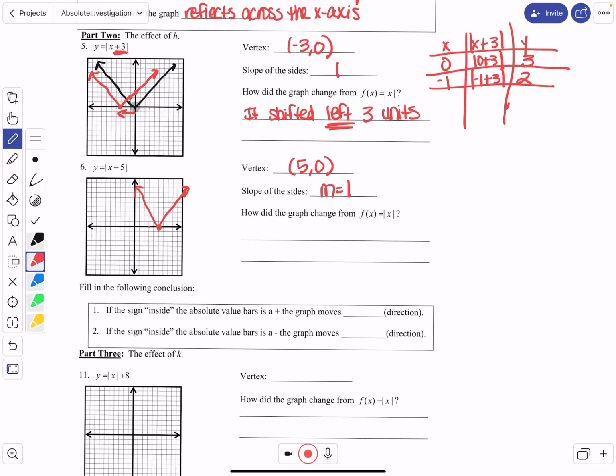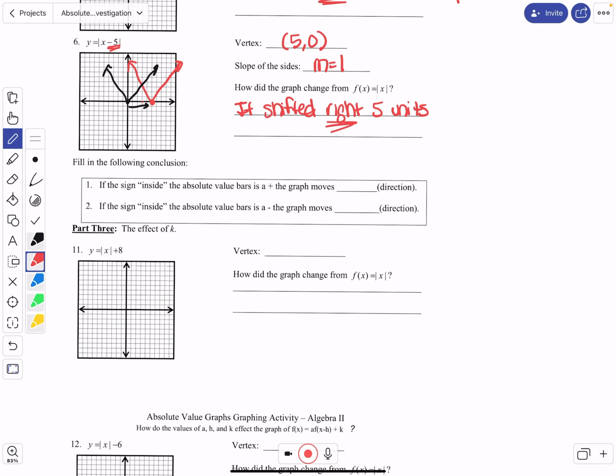So how did the graph change? From my original graph, we went to the right, so it shifted right 5 units. Notice this was a minus 5, but it went right.